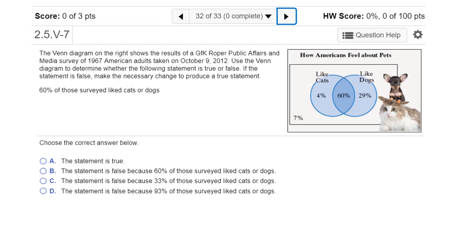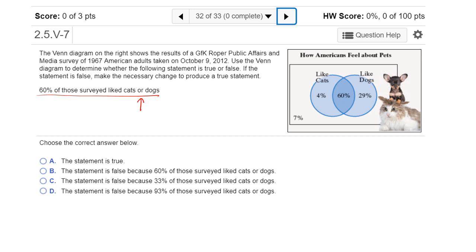In number 32, we have this same survey, but the results are a little bit different. And so we're still looking at how Americans feel about cats and dogs. This time the proposition is 60% of those surveyed like cats or dogs.